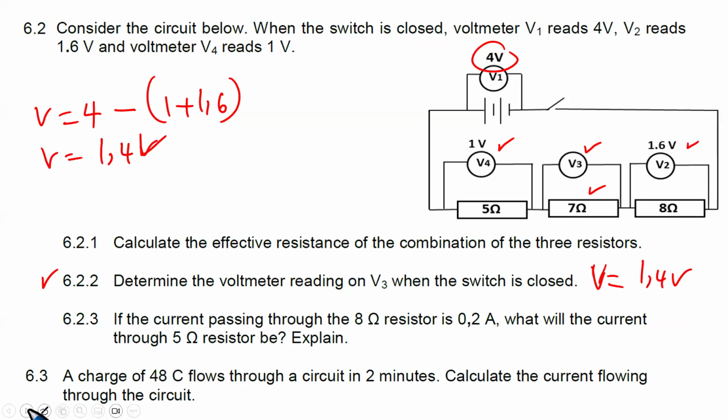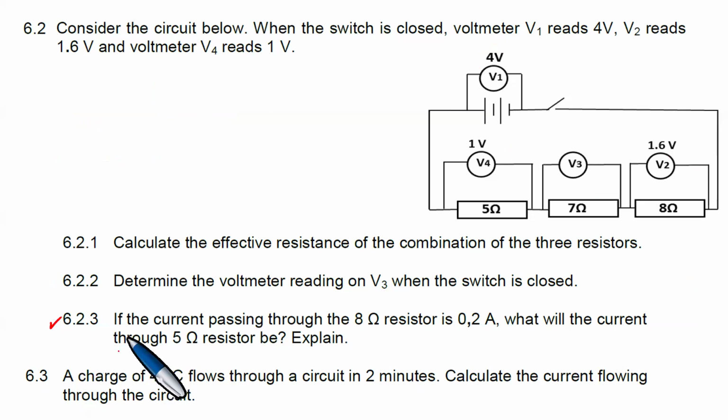All right, let's look at the next question, 6.2.3. If the current passing through the 8 ohm resistor is 0.2 amperes, what will the current through the 5 ohm resistor be?